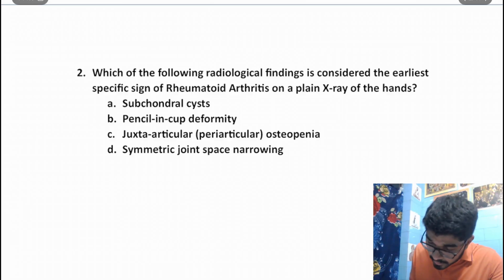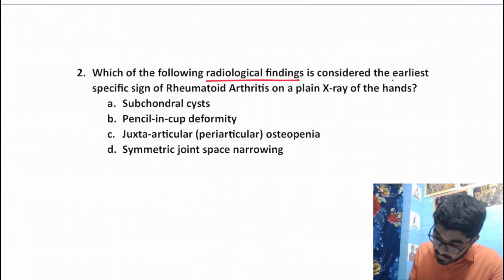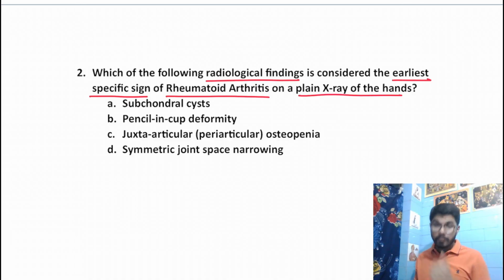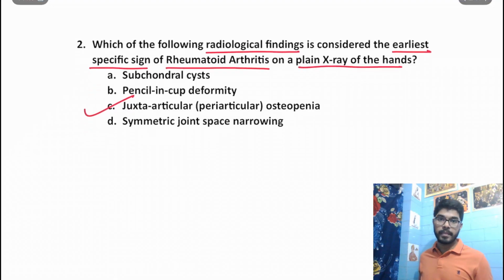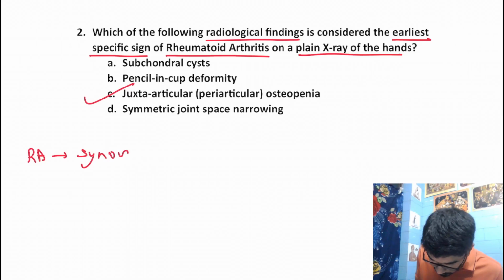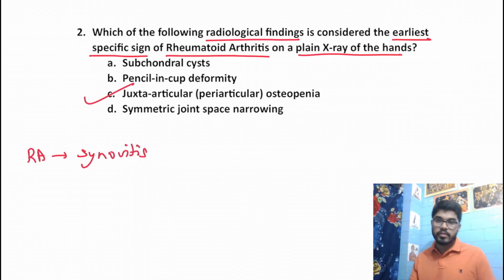Which of the following radiological findings is considered the earliest specific sign for rheumatoid arthritis on plain X-ray of the hand? So remember it as a fact that it is juxta-articular or peri-articular osteopenia. What happens in rheumatoid arthritis? We have synovitis, which is inflammation of the synovium.